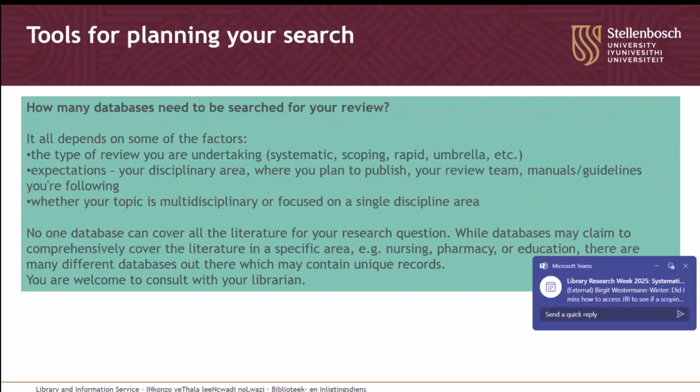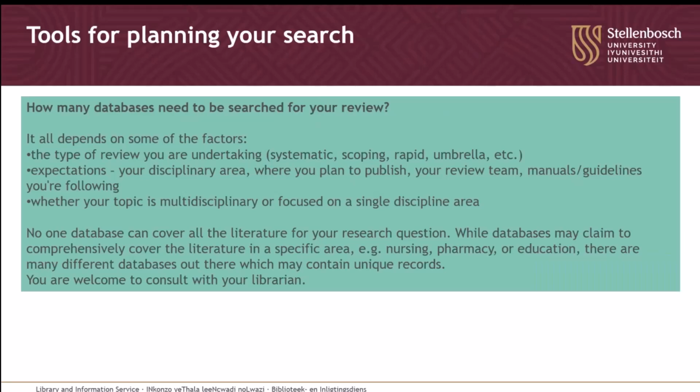This is a question we often get: how many databases need to be searched for your review? I have examples of a systematic review, a scoping review, a systematic review for qualitative, and also a scoping review, examples that I'm going to demonstrate just now.